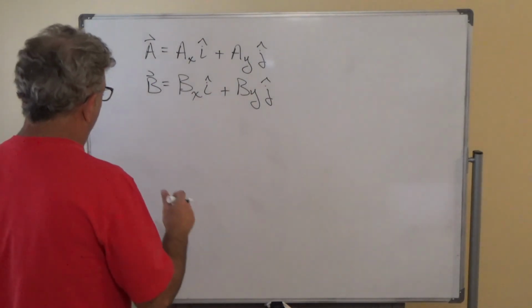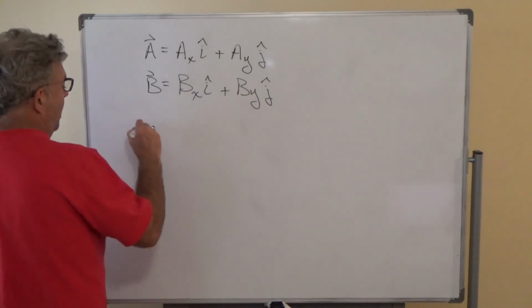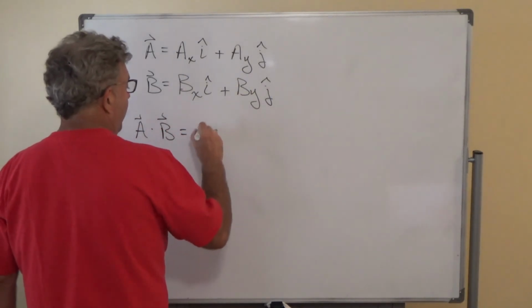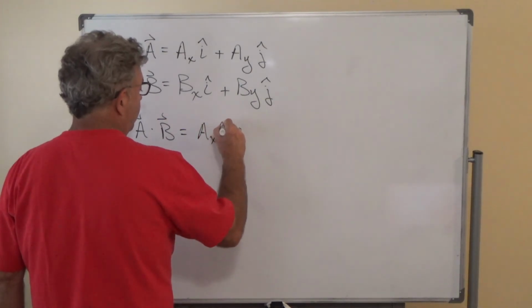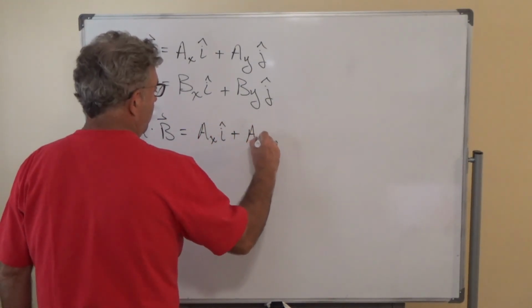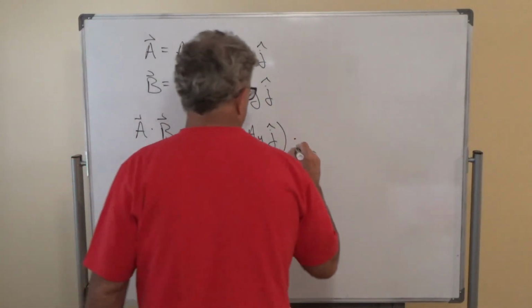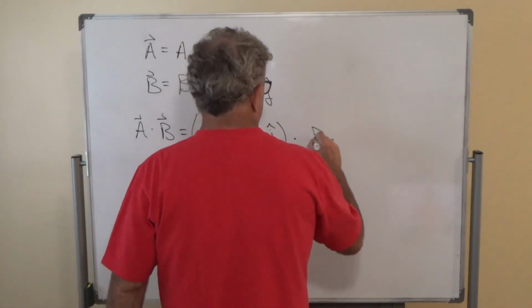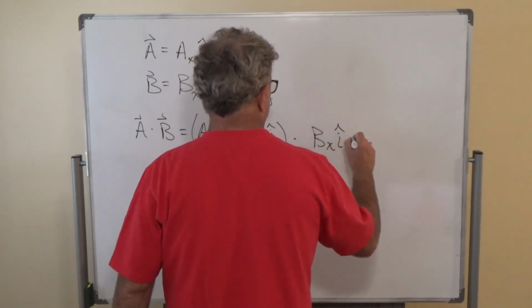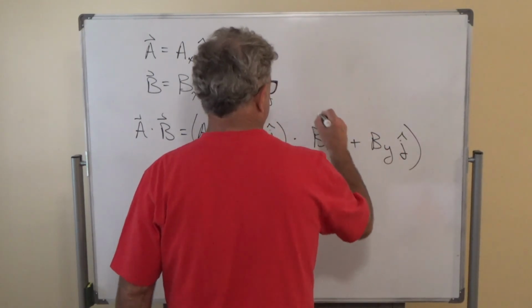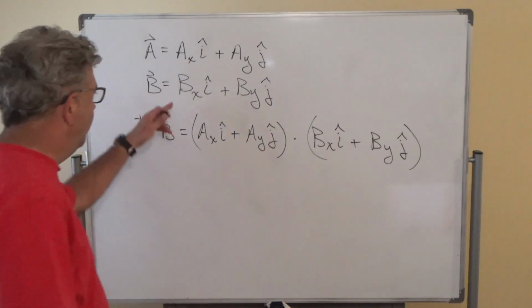Okay. So if I write out A dot B, that's equal to AX i hat plus AY j hat dotted with BX i hat plus BY j hat.